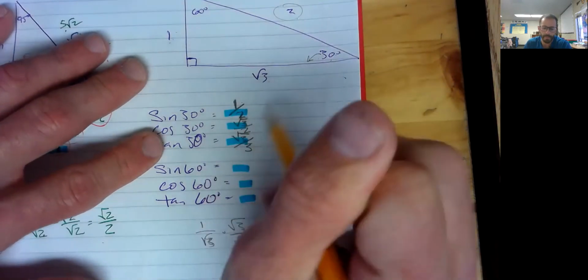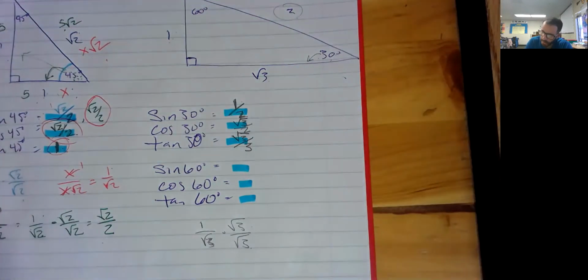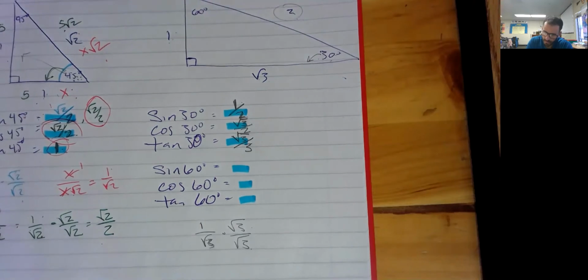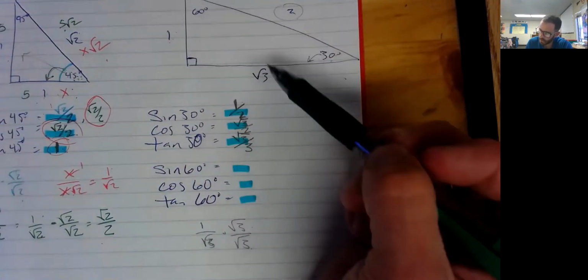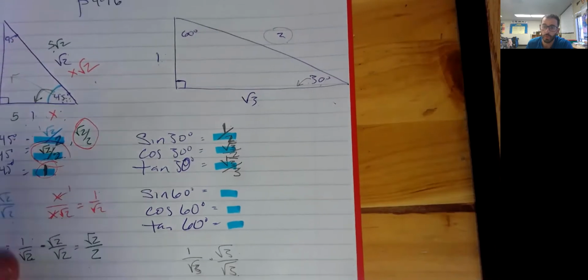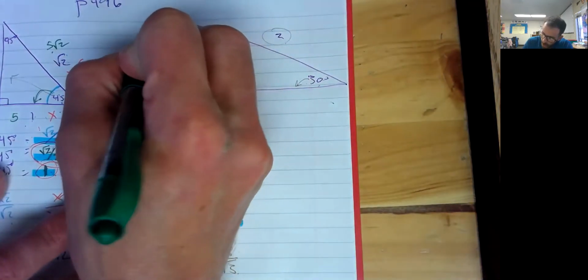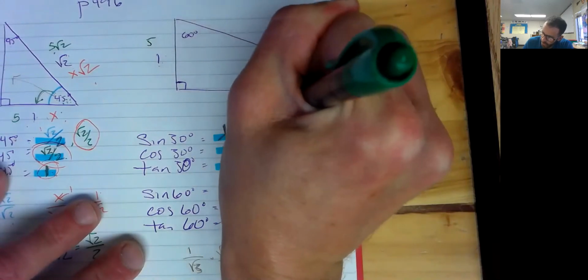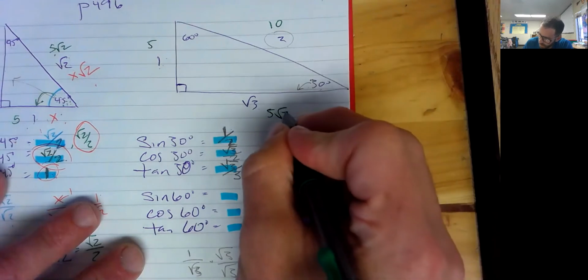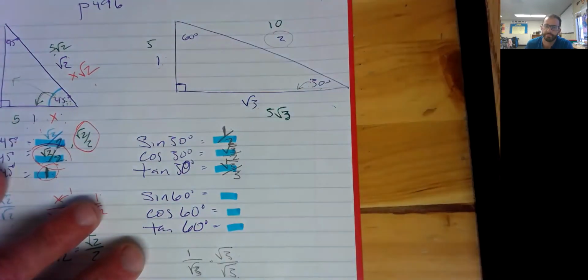All right, let's see what happens. What if I make it not 1, rad 3, 2 in the 30, 60, 90? What if I make it 5, 5 rad 3, and 10? x, x rad 3, 2x. What if I do that?